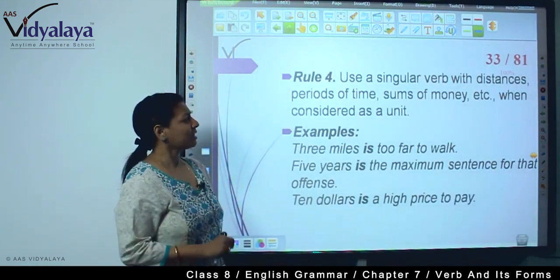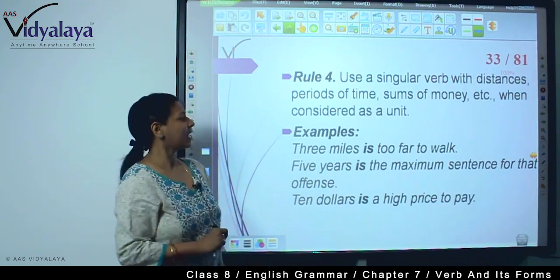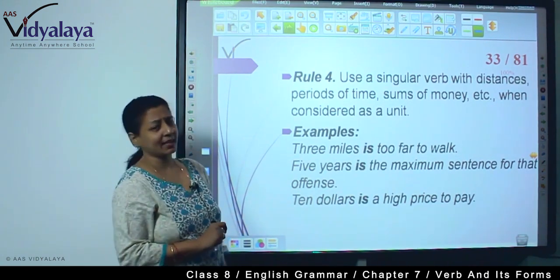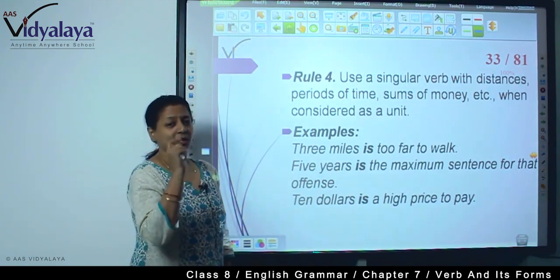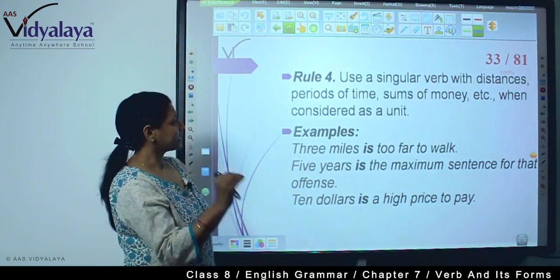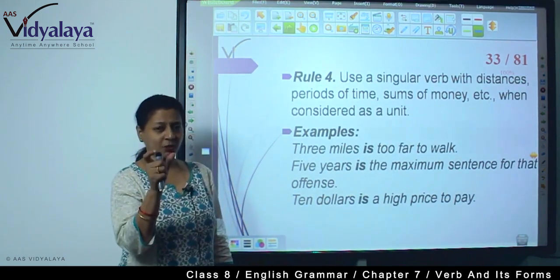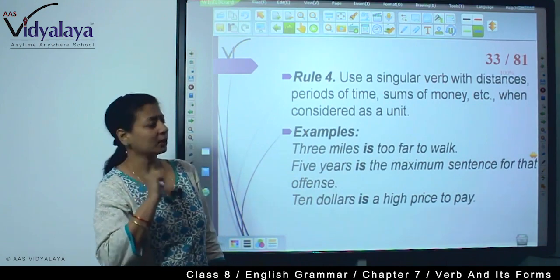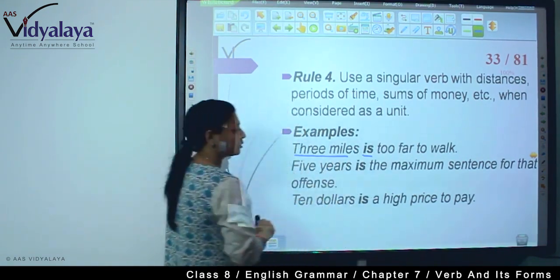Now, use a singular verb with distances, periods of time, sums of money, etc., when considered as a unit. When you are considering distances, periods of time, sums of money as one unit, your verb is singular. "Three miles is too far to walk."